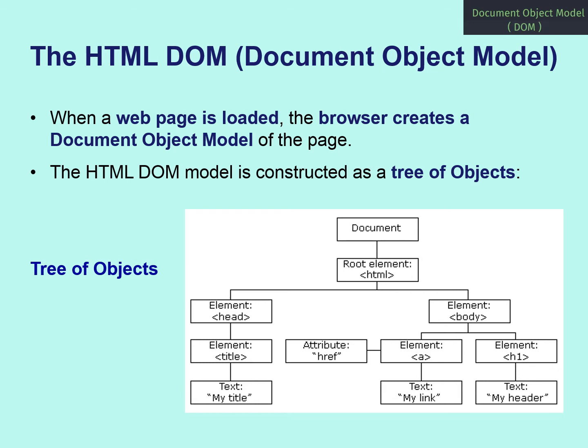Now we see the right child. The right child of the tree is the body element. The body element has two children, element A and element H1. Element A has two subdivisions. One is the attribute, which contains the attribute href.